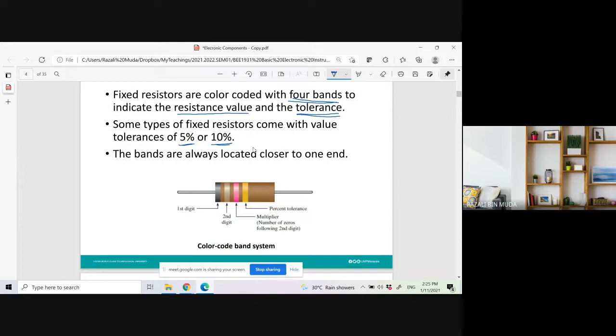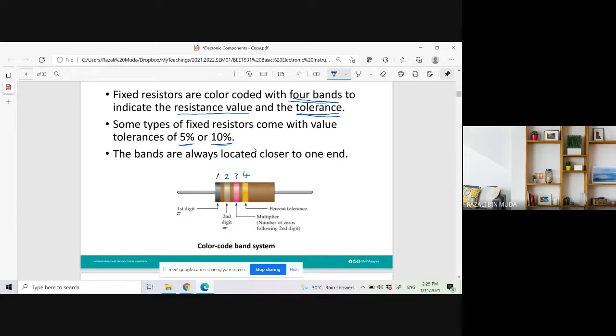The bands are always located closer to one end. So you have band 1, 2, 3, and 4. The first band represents the first digit of the resistance value. The second band represents the second digit.